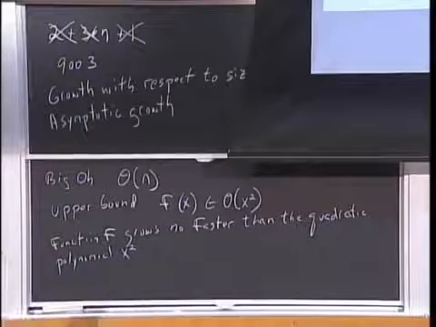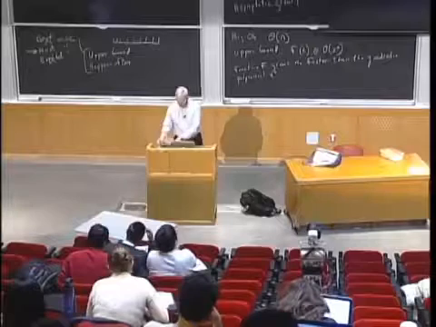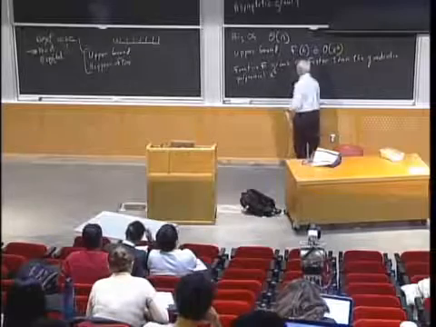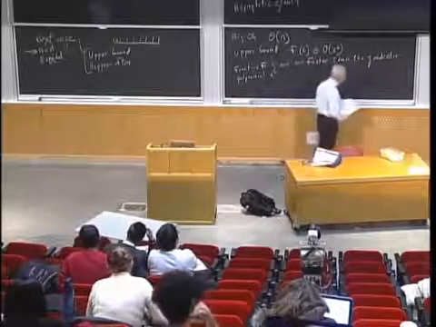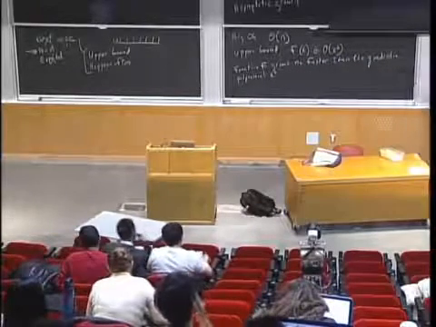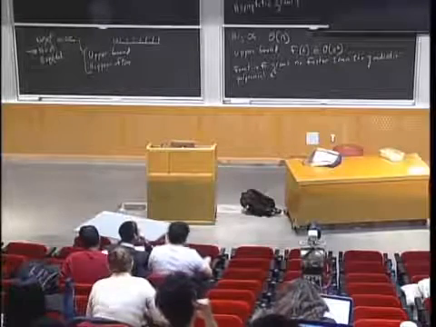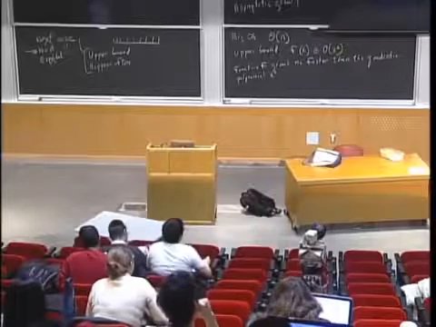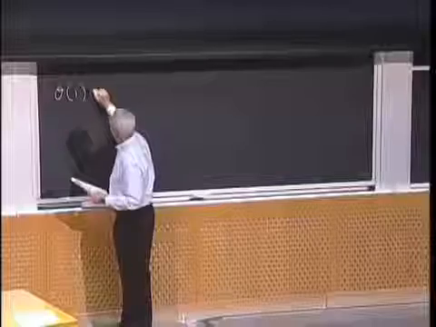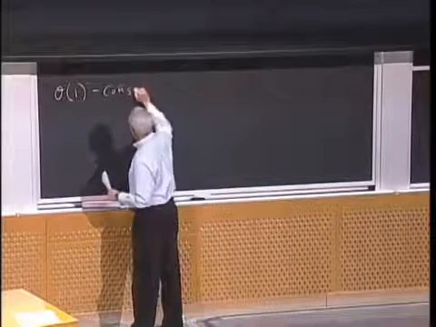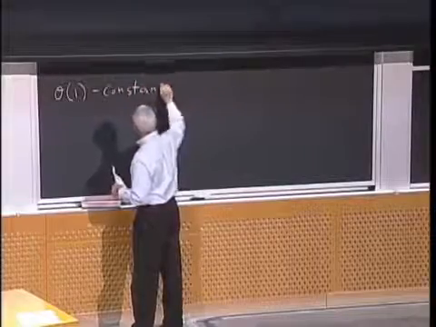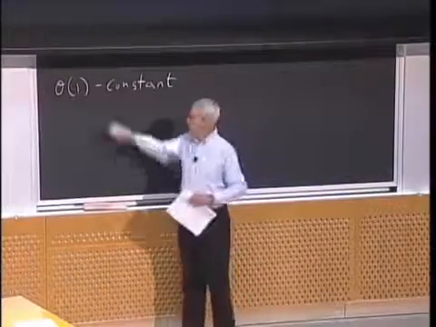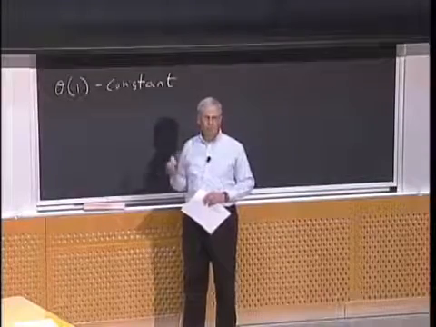I wrote a little program that talks about some of the, I should say, probably most popular values we see. So some of the most popular orders we would write down, we often see order 1. And what that means is constant. The time required is independent of the size of the input. It doesn't say it's one step, but it's independent of the input.